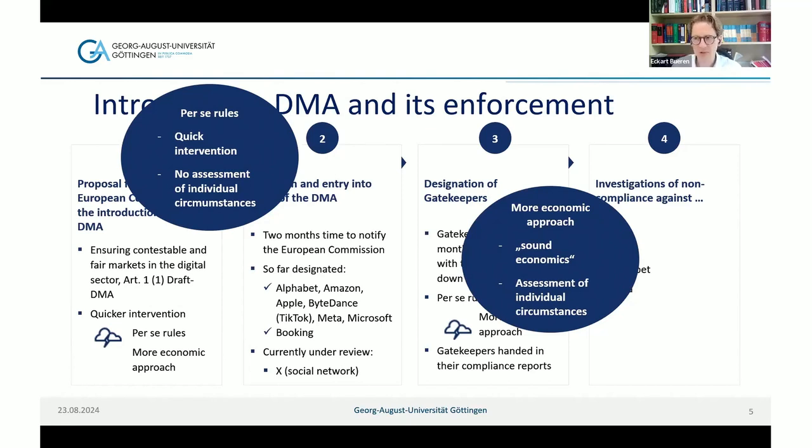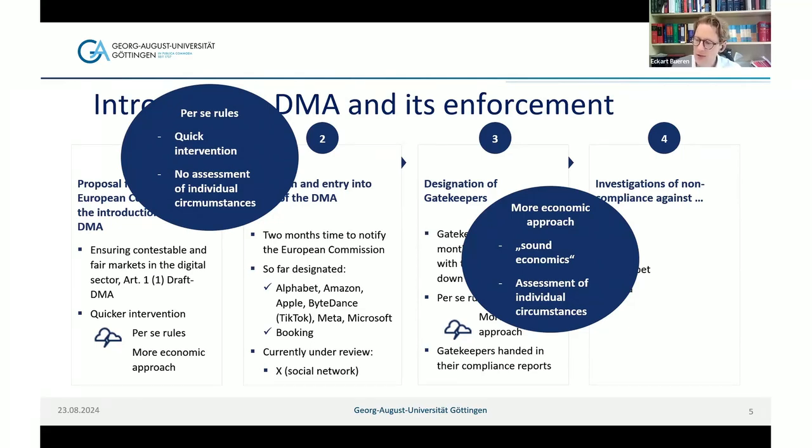We can't have sound economic analysis of each individual case, and we have at least less assessment of individual circumstances. This is partly a trade-off because we might now accept more over-enforcement, whereas we maybe previously accepted more under-enforcement. And this is a deliberate shift to have, in case of doubt, more over-enforcement because it's considered so dangerous that markets might tip. Nevertheless, of course, we might need a certain degree of flexibility, and we cannot do without any assessment of the individual case.